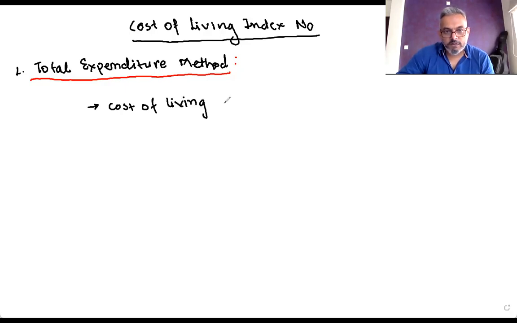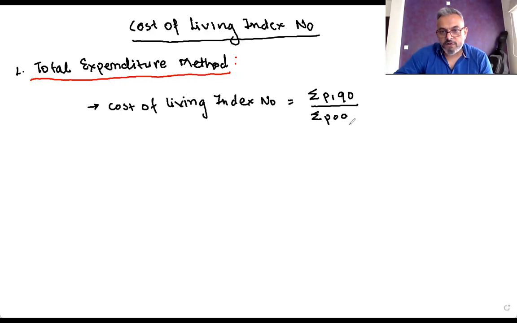Cost of living index number using total expenditure method is equal to sigma P1Q0 upon sigma P0Q0 into 100. Can you tell me which formula is this? Which statistician gave this formula?